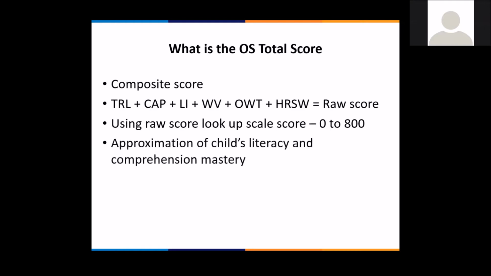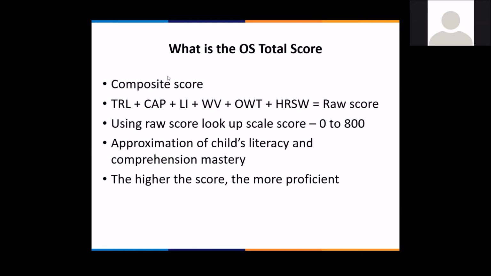It represents an approximation of a child's literacy and comprehension mastery, because it was computed using all 6 tasks together. So the higher the score, in general, the more proficient the child.